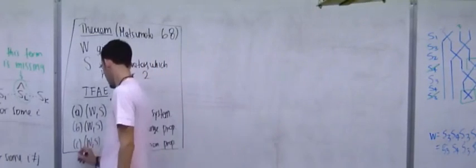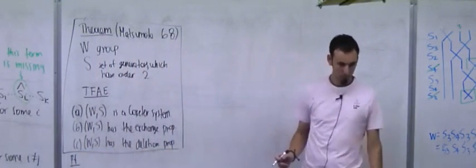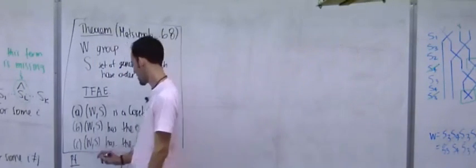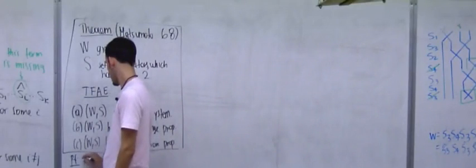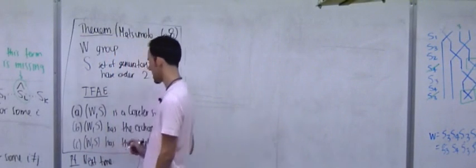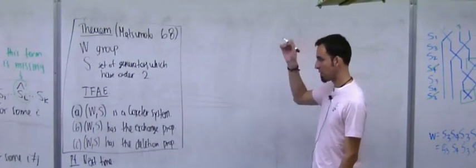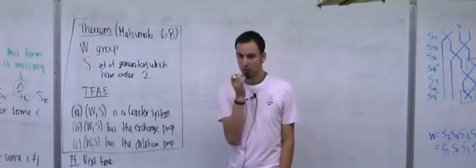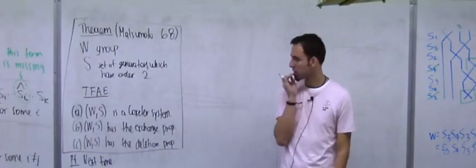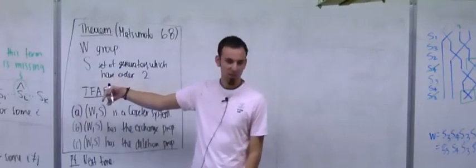So the proof, maybe I'll do it next time. Because before going into this proof, what I would like to do is show you how you actually use these two properties, this exchange property and this deletion property.